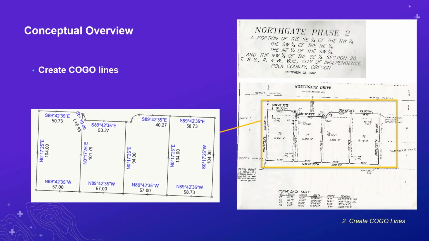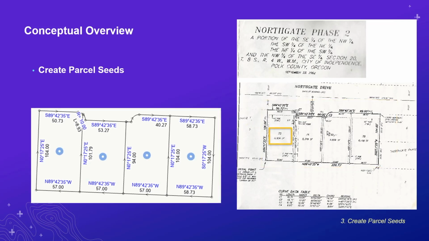And these COGO lines could be created by just directly manually COGOing in, or copy and paste from CAD, and various other methods of getting these COGO lines in. You then create parcel seeds, as there's a function that will go and look at closed loops of lines and generate a parcel seed inside these closed loops.